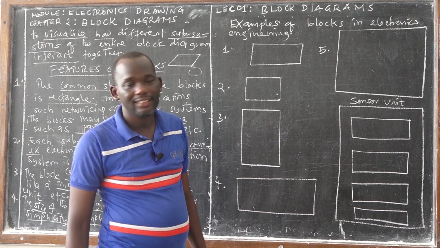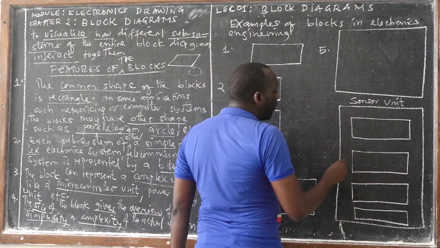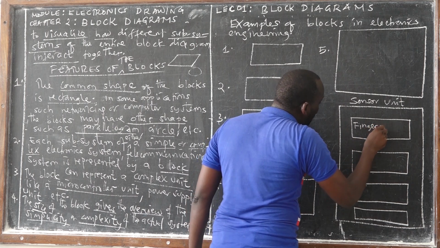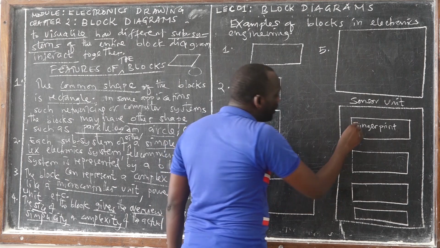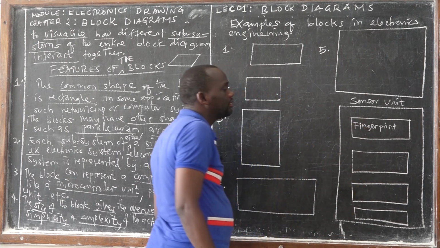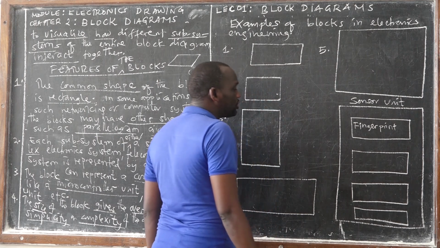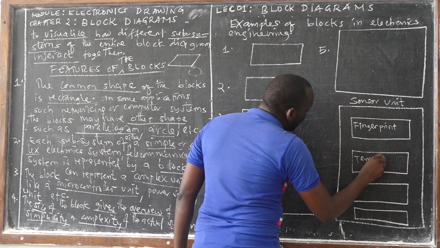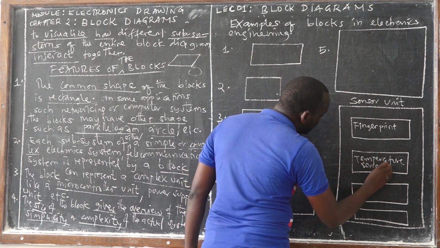For instance, in your mobile phone, you have a sensor that's called the fingerprint sensor. Say fingerprint sensor. But also, in your mobile phone, you have a sensor that's called the temperature sensor. Say temperature sensor.